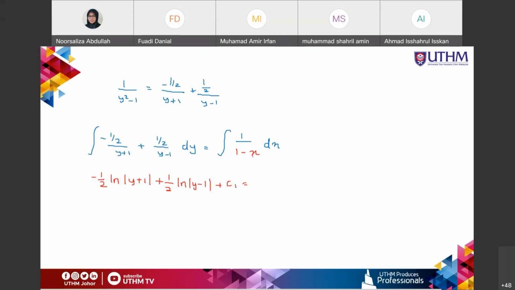Okay, so this one 1 minus x. Bila 1 minus x, this one is negative, then it should be negative ln 1 minus x. Ingat ini negatif, so this one will be negative, plus dengan C2. Ingat constant kena ada.